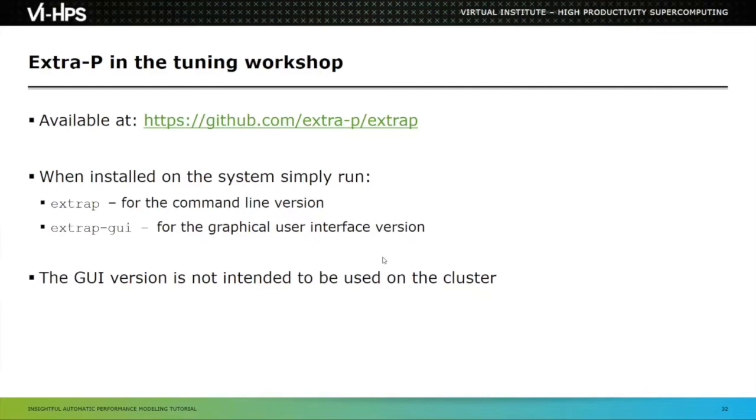One is specifically targeted at the command line version, if you are working on the cluster and do not want to use a GUI. And the second one is a graphical user interface version that you can run on any system. Of course, the command line version you can also run on your local laptop and not just on a cluster. However, the GUI version is not intended to be used on the cluster, so don't be surprised if it doesn't work, even with some tweaks.